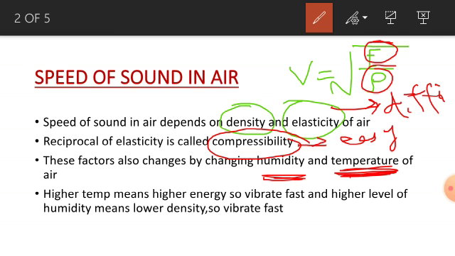By increase in humidity in the air, by humidity we mean presence of water vapors in the air. So as we know that air is mostly composed of nitrogen and oxygen, and both have density greater than water molecule.